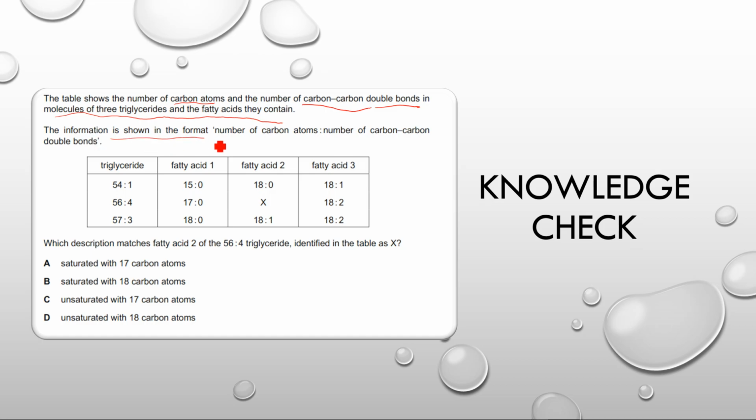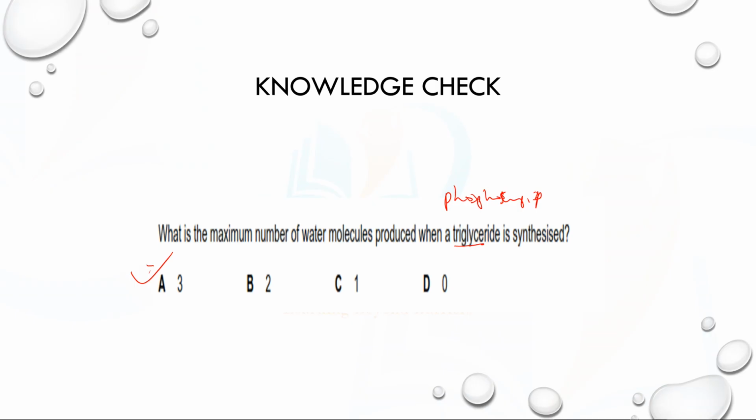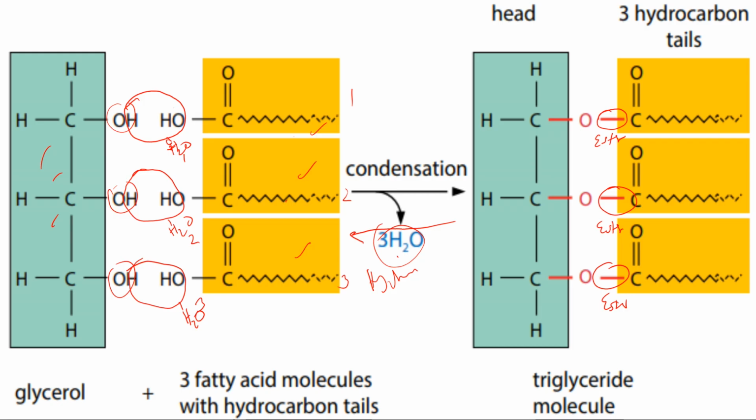The formation is shown in the form of number of carbon atoms to number of carbon to carbon double bonds. So in every triglyceride, we have fatty acid one, fatty acid two, and fatty acid three, just like this.